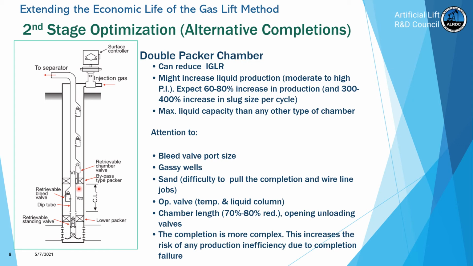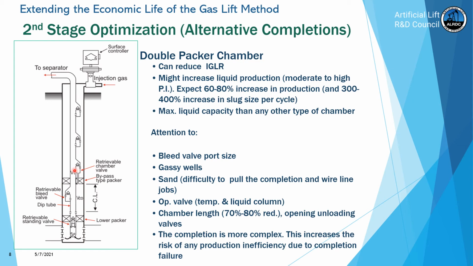If the pressure is high enough to do that, then fine, this can be the last unloading valve, this operating valve here. If that's not the case, then you should have two mandrels located at a distance apart from each other so that you can perform wireline operations, and use one as the unloading valve and the other one as the operating valve.